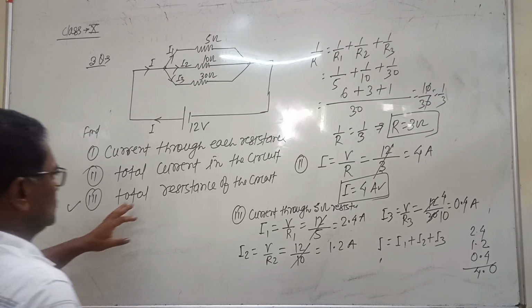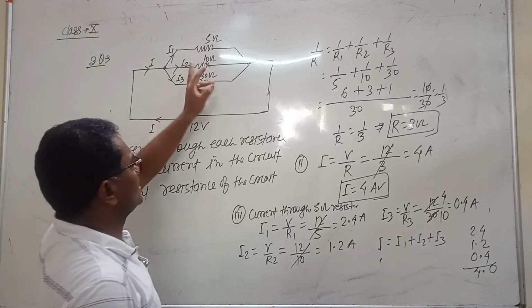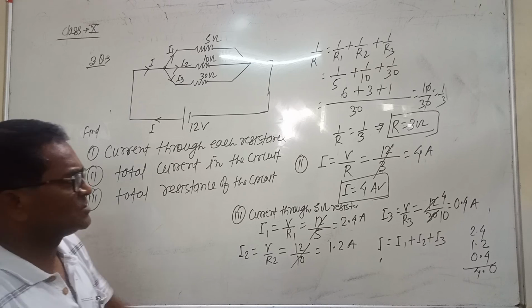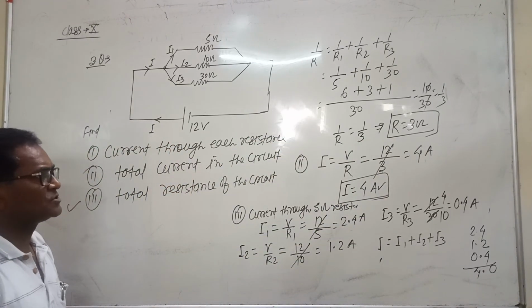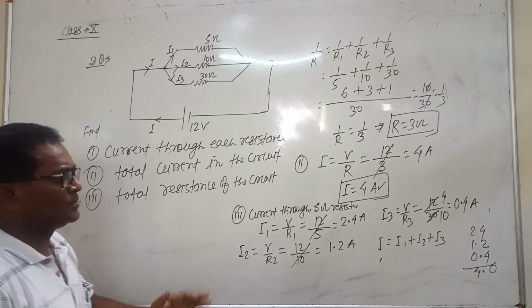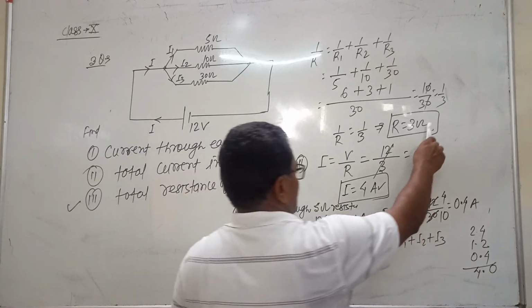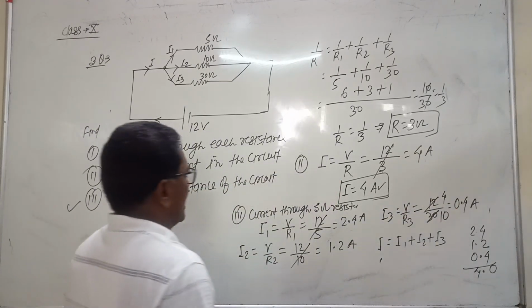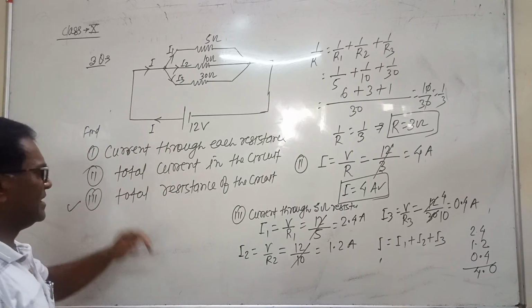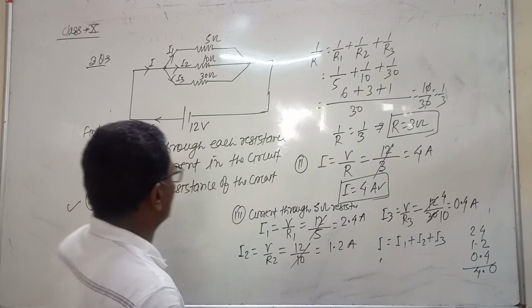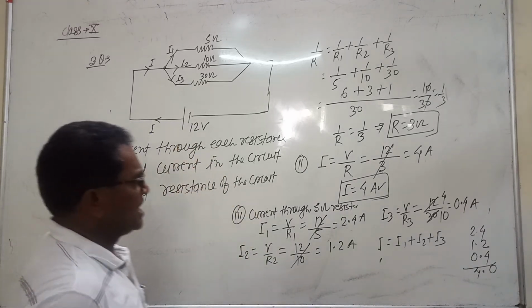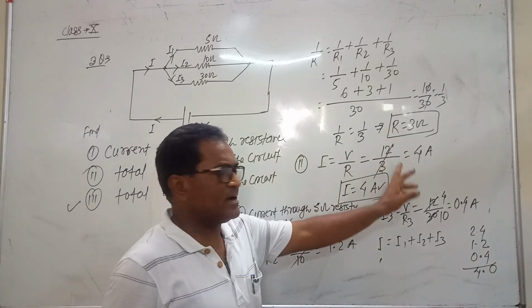So this is about the total resistance. These three resistances are connected in parallel, so we used the formula for the parallel combination, 1 by R equals 1 by R1 plus 1 by R2 plus 1 by R3, and we get the total resistance 3 ohm. For finding the total current, we use the formula I equals V by R. The potential difference is 12 volt and the total resistance we calculated is 3 ohm.